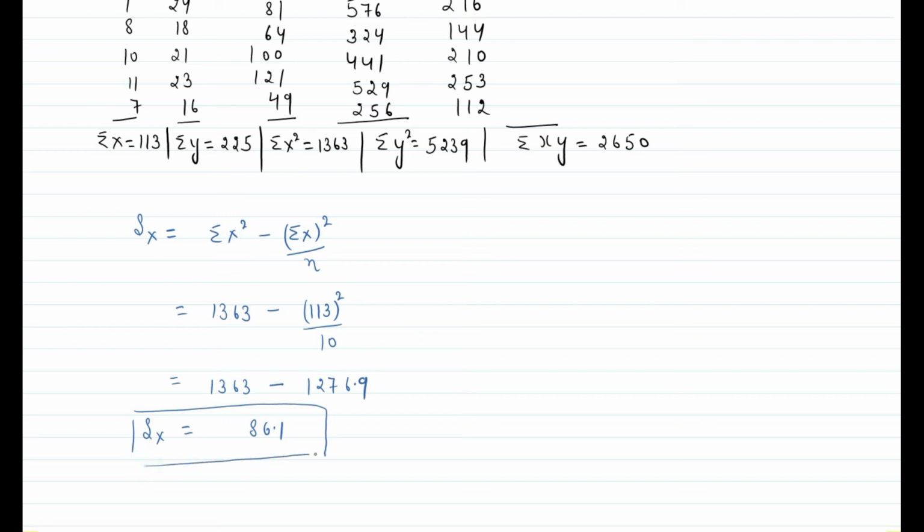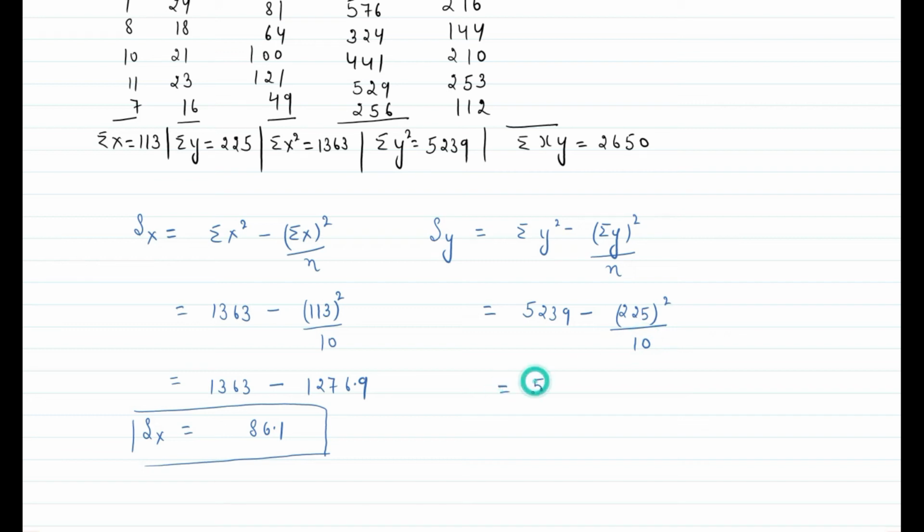Now we're gonna do the same to find the standard deviation of y, which is summation of y square minus summation of y whole square divided by n. Summation of y square is 5239, minus summation of y, that is 225 whole square, and n is the number of terms, that is 10 in this question.